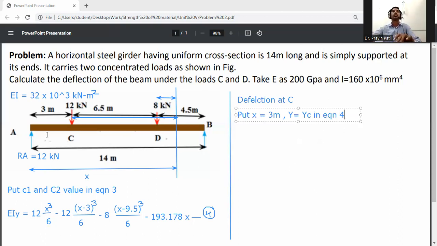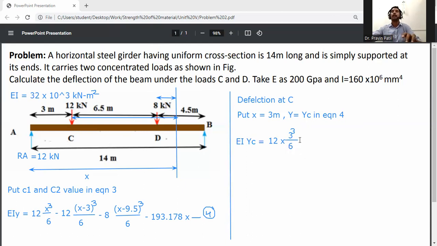From A, the distance A to C is 3 meter. That's why you put x is equal to 3 meter in equation number 4. So EI into yc is equal to 12 into x cube by 6, x is 3 here, so 3 cube divided by 6.